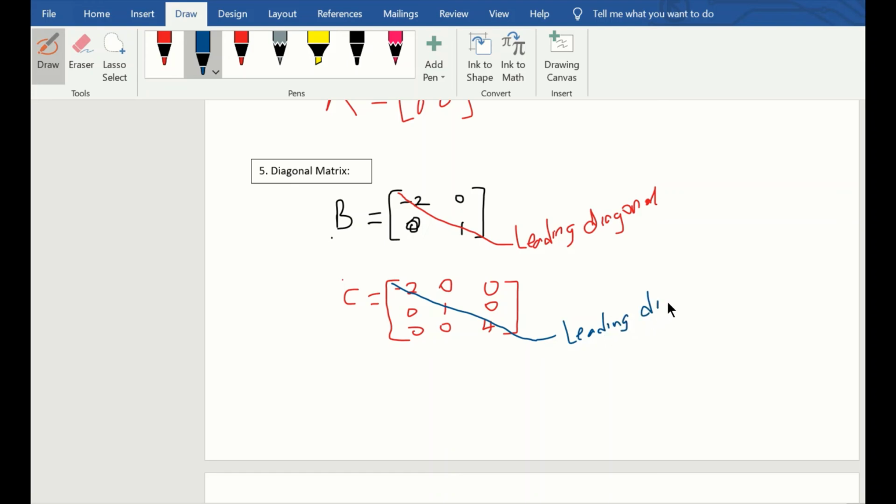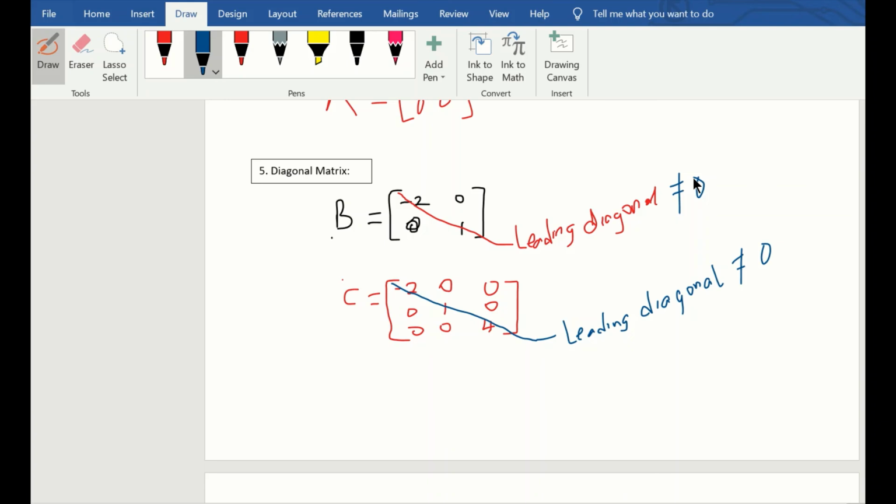So, in a diagonal matrix, the leading diagonal are not 0, which means that all other elements in the matrix are 0, but the leading diagonal are not 0. So I can write this are not equal to 0. All right, so that is for the diagonal matrix.